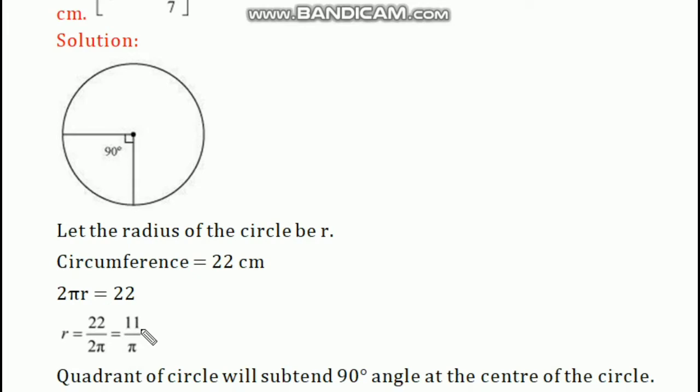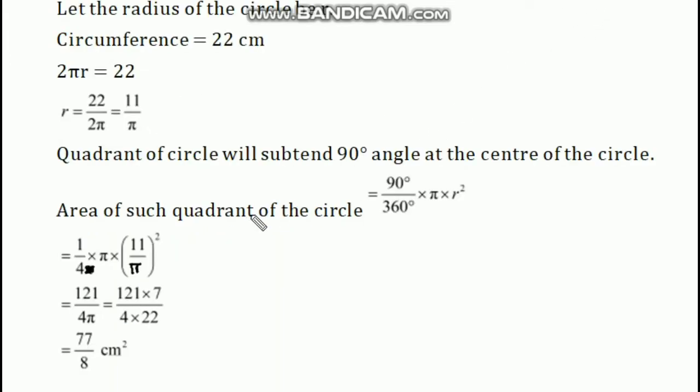Okay, so the radius of the circle is 11 divided by pi. And next we need to find out the area of this quadrant. We already know that the area formula is theta by 360 into pi r square. So the angle is 90 degree. So 90 by 360 into pi into r square.